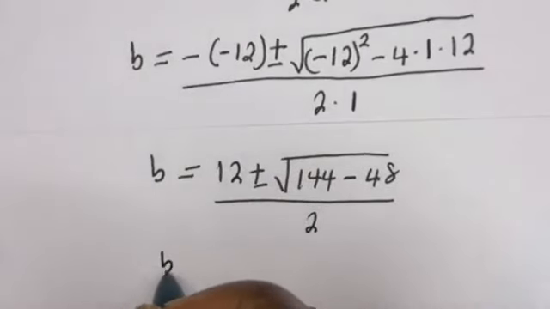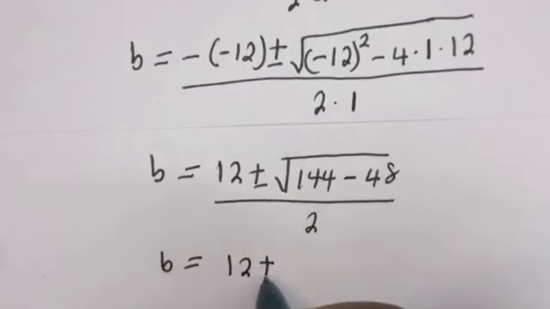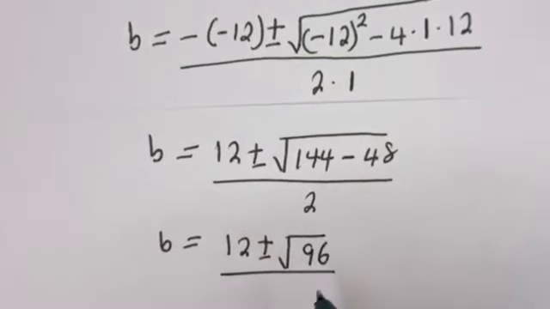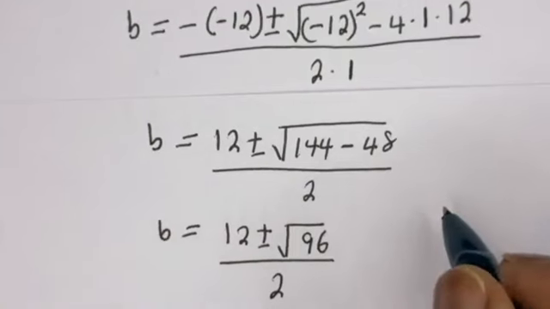Here, B is equal to 12 plus or minus square root of 144 minus 48, that is square root of 96, divided by 2. Let's see this 96.